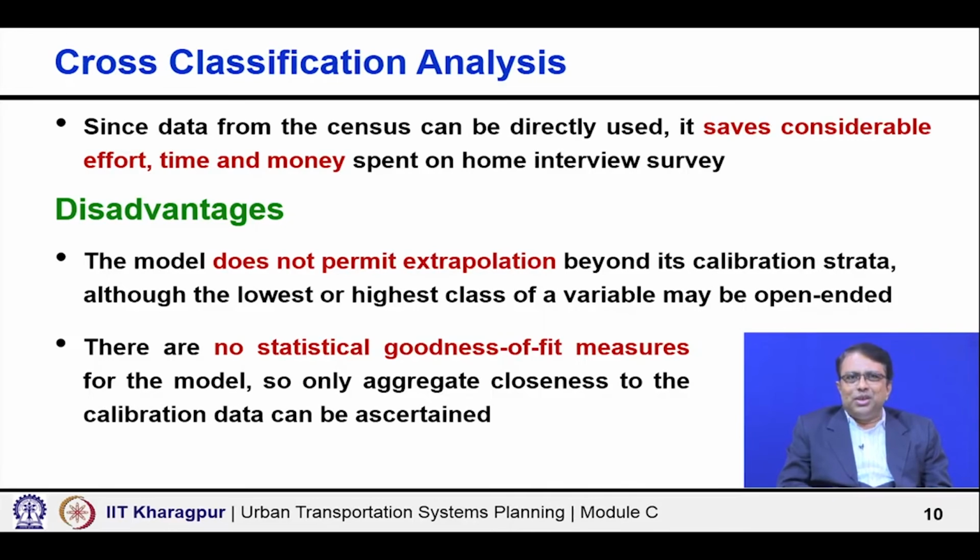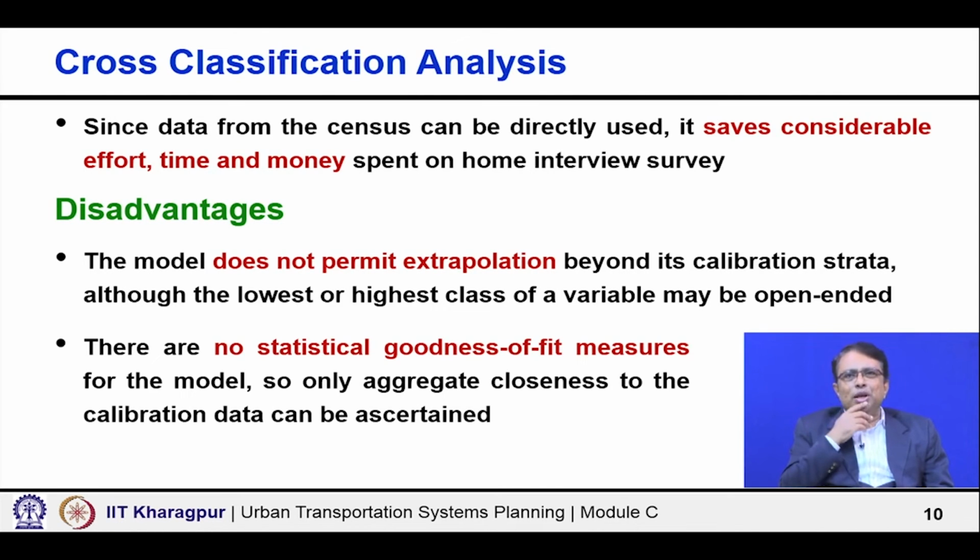Let us quickly see the disadvantages. The model does not permit extrapolation beyond the calibration strata. If you have considered 4 categories, that is all, you cannot create a 5th category later on. Whatever grouping you have used when you calibrated, in future you have to use exactly the same grouping.